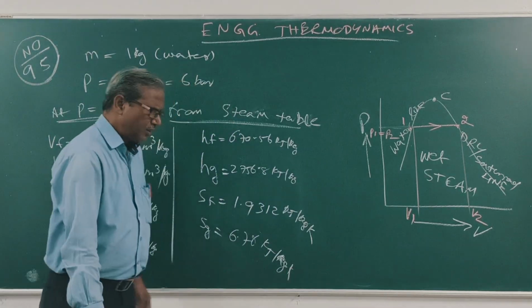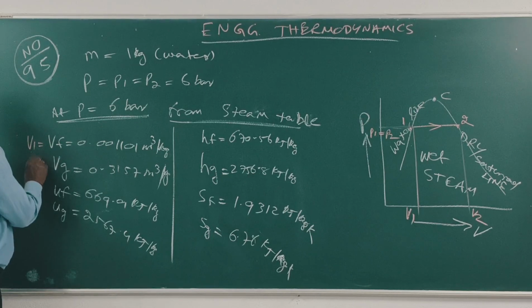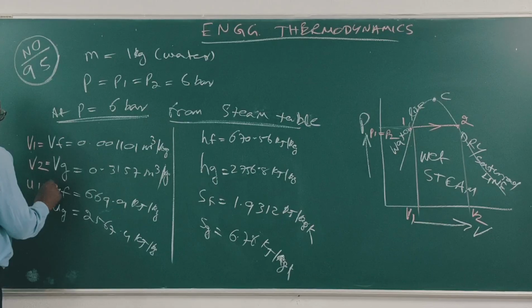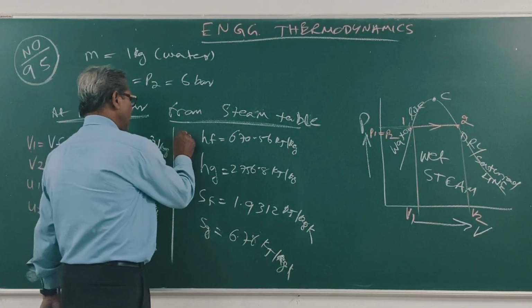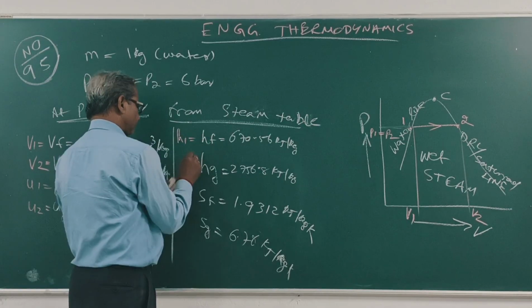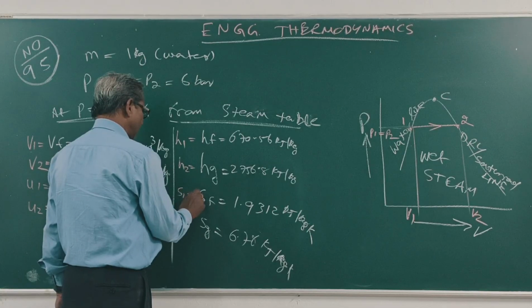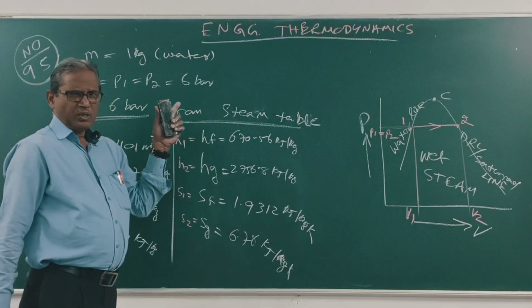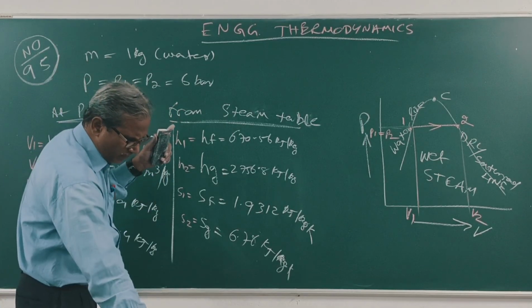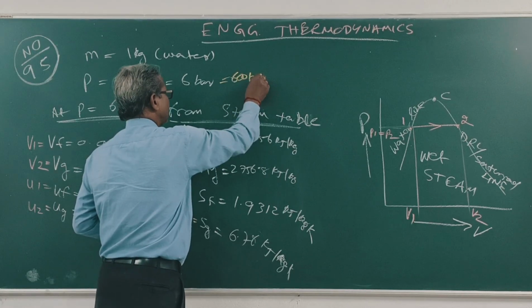Now the initial condition is water. So this is V1, this is V2, this is Q1, this is Q2, this is H1, this is H2, S1, S2. Right? P is 6 bar. What is 6 bar? It means 600 kilopascal.